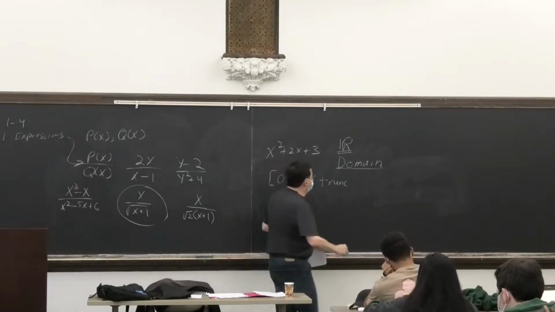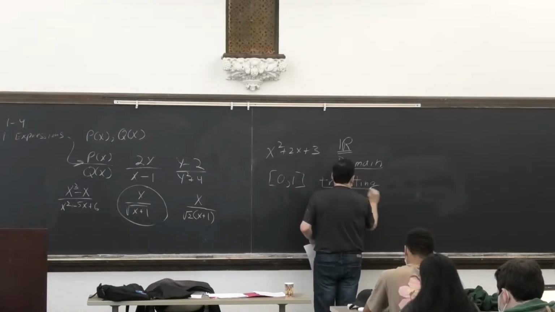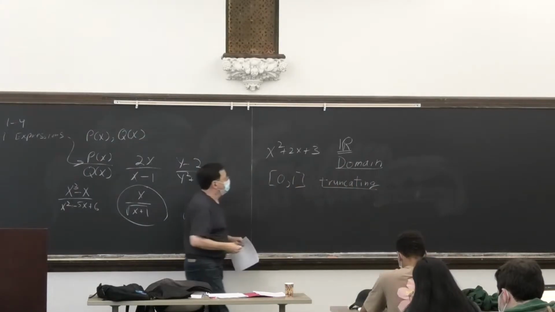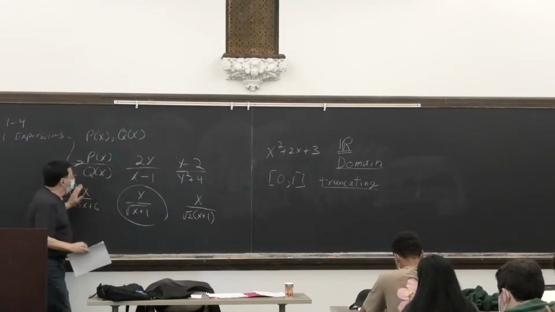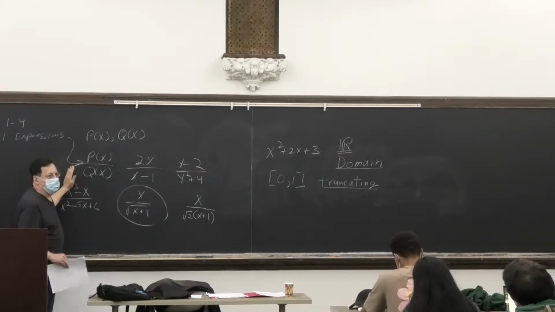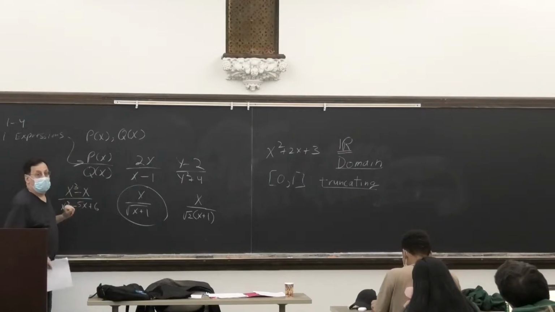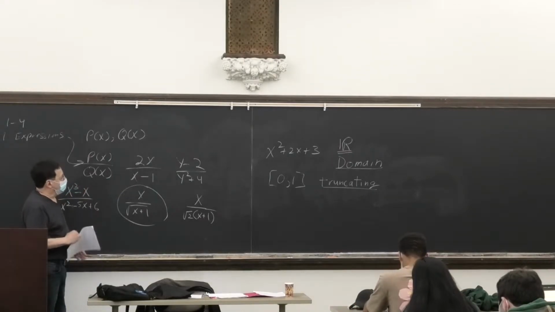I'll look it up. We can call it truncating or limiting, or with rational expressions, that's not the case. You can't always put any real number in. It depends.